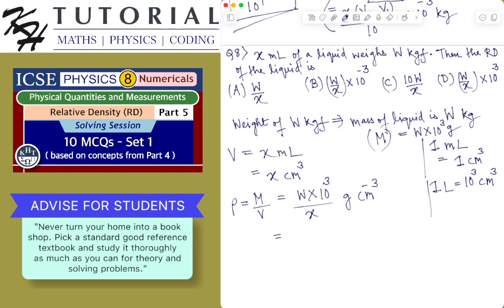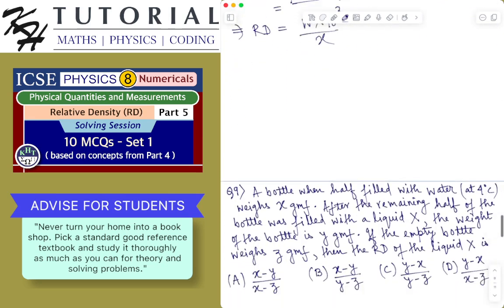So if we know the density of a substance in gram per centimeter cube, that value is the density. So we can right away say that the relative density of the liquid will be equal to W into 10 to the power 3 divided by x. So this is the relative density. So the correct choice is D.